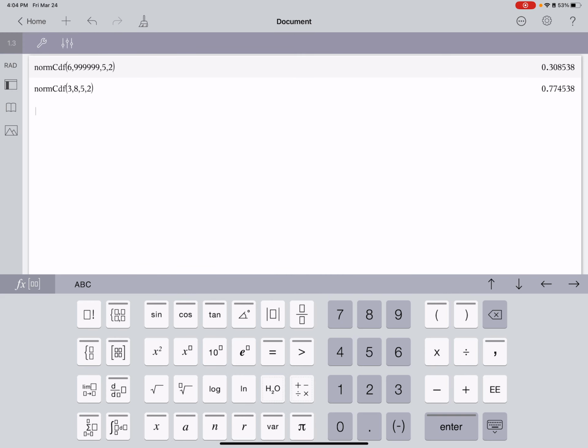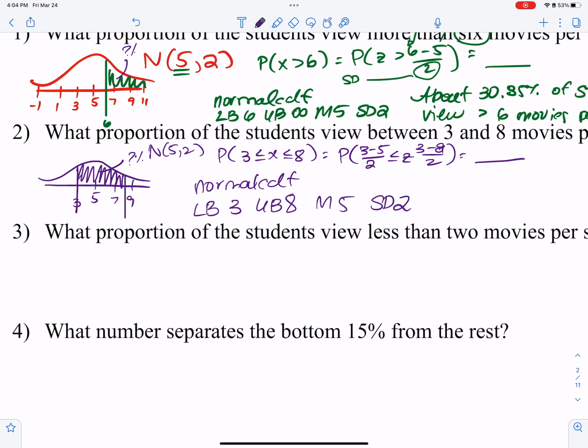And that's 77.45%. So I'd write about 77.45% of students view between 3 and 8 movies per semester.